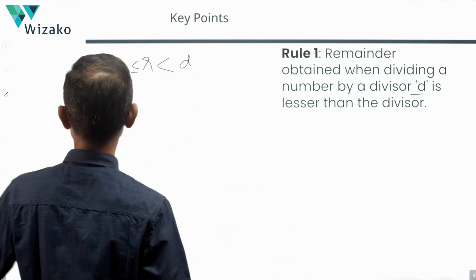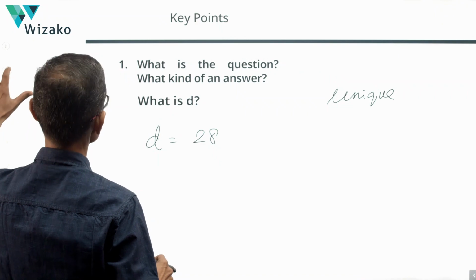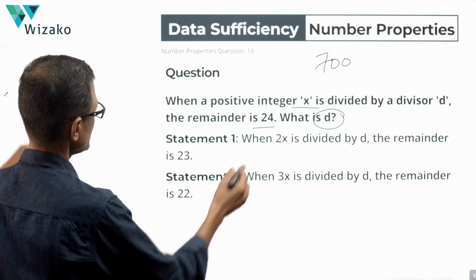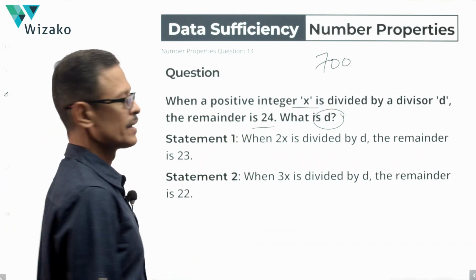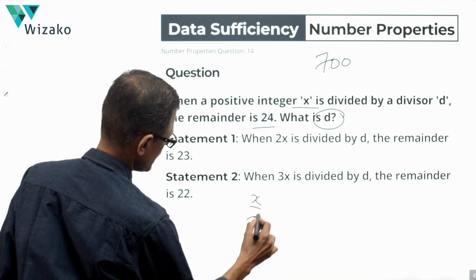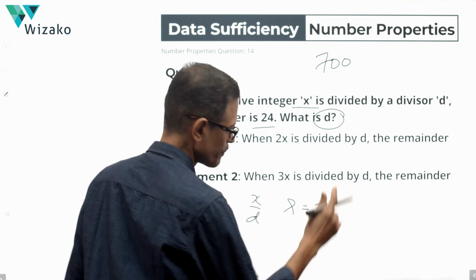Let's go back to the question stem. What does the question stem tell us about what we know? It says that the remainder of this division is 24. When x is divided by d, you get a remainder which is 24.